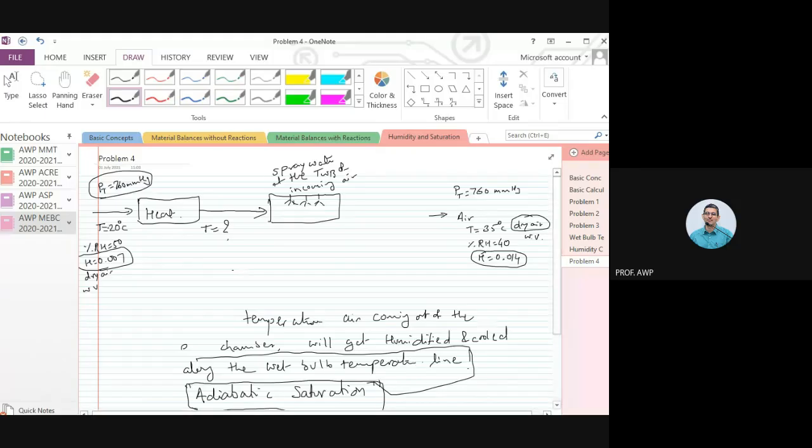Incoming air means now incoming to the spray chamber, not this incoming. What is incoming is this air to the spray chamber. Do you agree? Yes, sir. And then the outlet air going out from the spray chamber, let's assume that it has 100% relative humidity. It has become fully saturated.